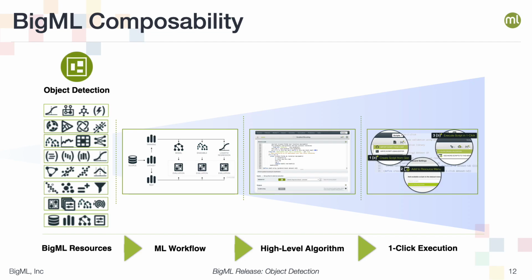This may not be obvious to the uninitiated, but when implementing business solutions on top of BigML, you can also reach for higher order automation. For instance, the manual image labeling task can be further automated by first creating a custom semi-supervised learning workflow composed of multiple BigML resources.